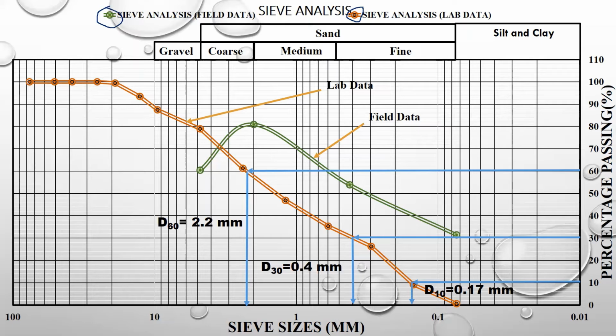Secondly, on the x-axis, I have taken sieve sizes in millimeter. You can write millimeter in small letters, so it should be mm. Next, on the y-axis, I have taken the passing percentage. I have already told you how you can make the graph. Now I have to tell you how you can read this graph.